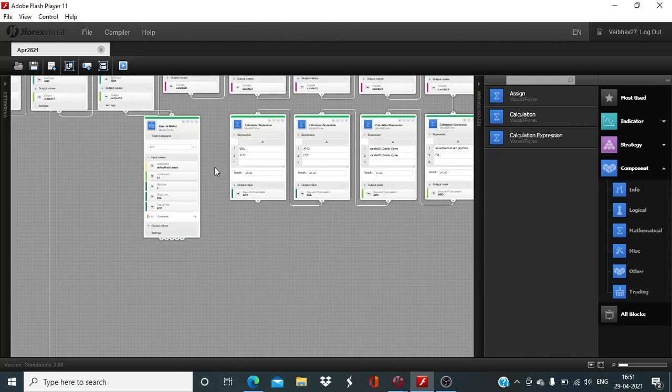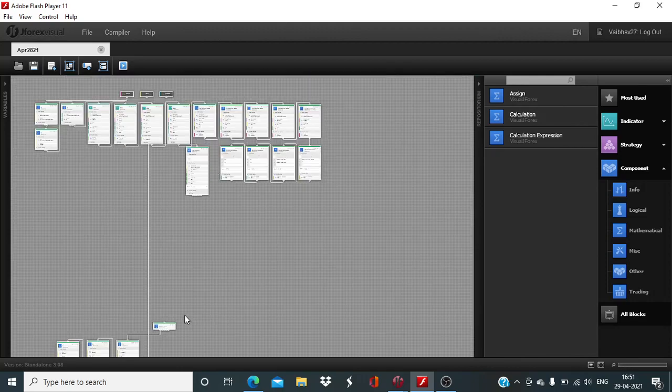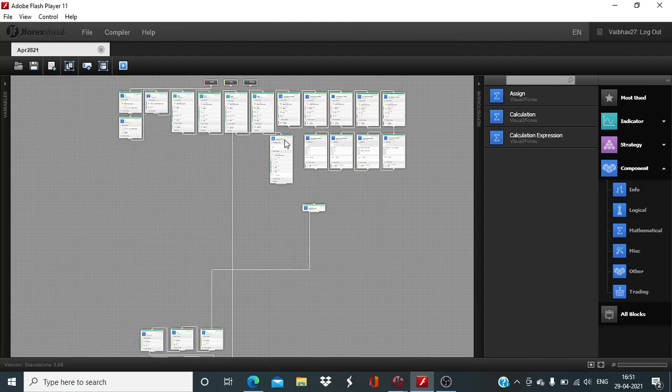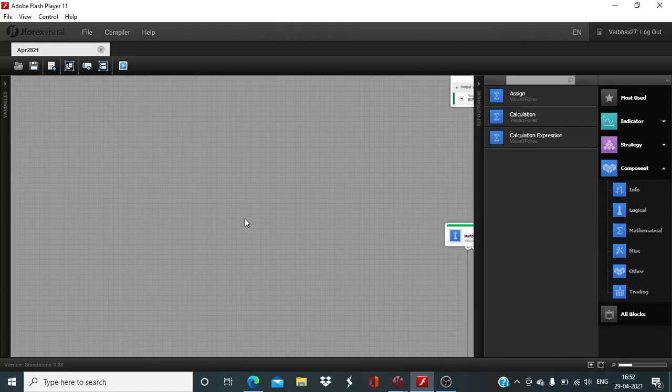Okay. So we have made the stop loss and target price dynamic. Depending on the price action, this will be determined automatically.